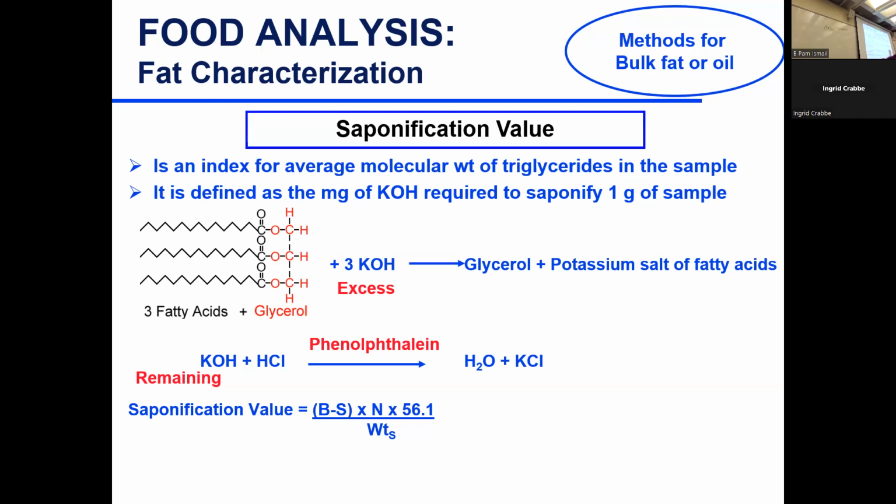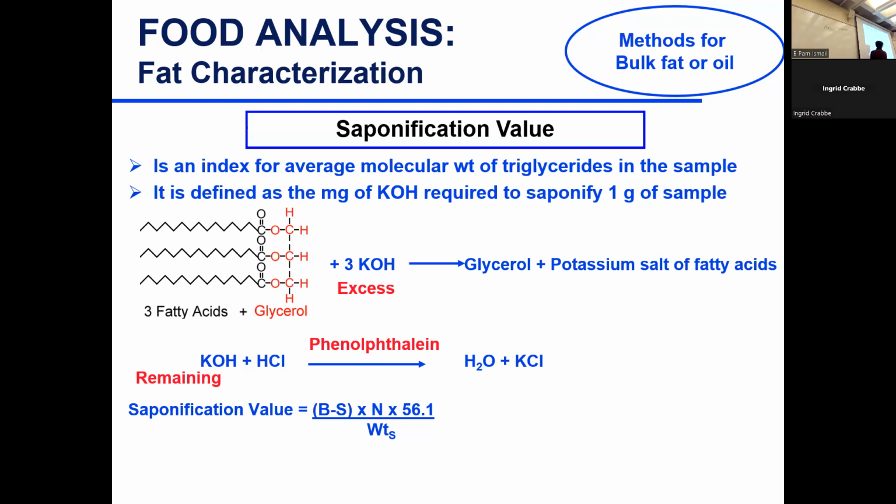What is missing? 1,000 in the bottom. Why? Because it's milligrams. This is in milliliter. We usually divide by 1,000 to convert to liter because normality and molarity are per liter. So you always correct the milliliters to liters.